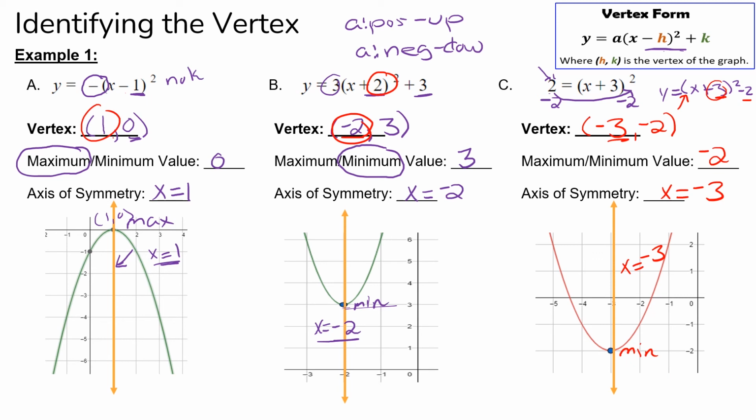To determine if it's a maximum or minimum, if a is positive, that graph goes up, and so you're going to have a minimum. If a is negative, that graph goes down, and so that graph is going to have a maximum. And axis of symmetry is just the x value of your vertex. So to write that equation, we put x equals whatever the x value of our vertex is.